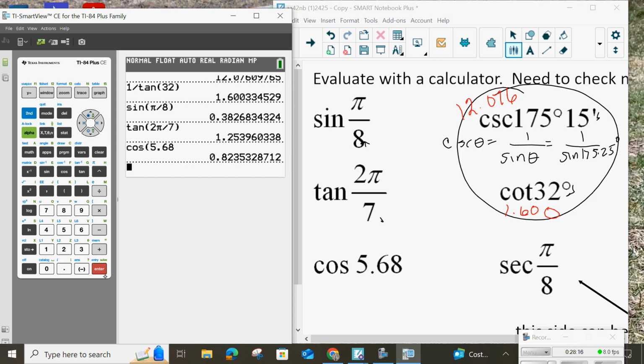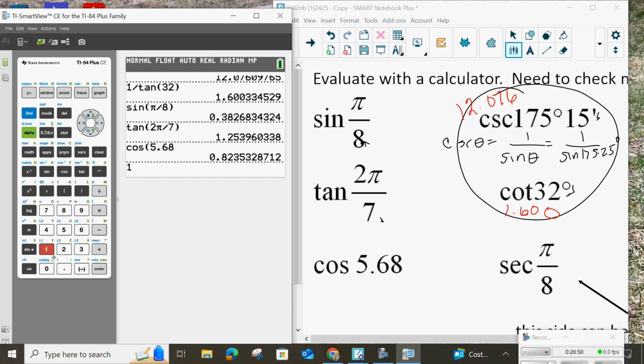All right, let's think of secant of pi over 8 first. Where should my answer fall? Should it be less than 1? More than 1? Secant is hypotenuse over adjacent, so more than 1, right? Go and do secant. What am I going to put in for secant?